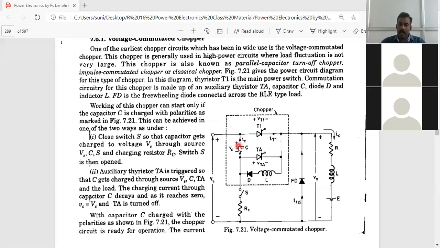So you will have a path from positive to this SCR, SCR to this inductor, inductor to this diode, diode to this negative plate. That is the path of this capacitor current.